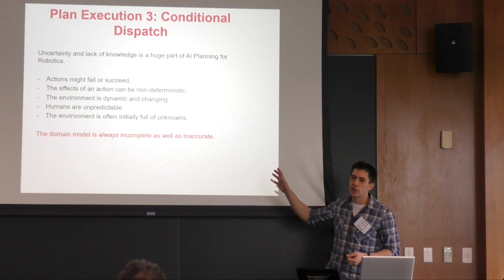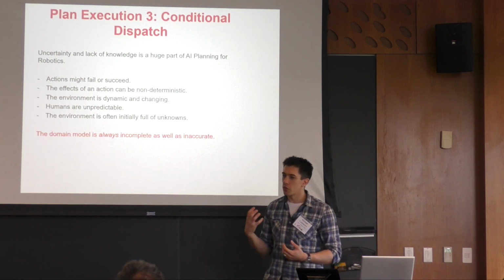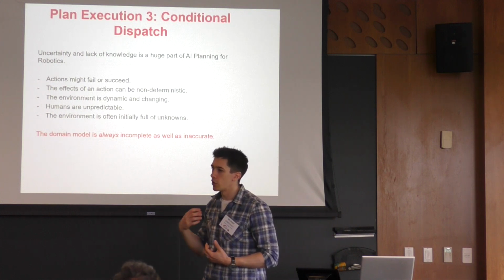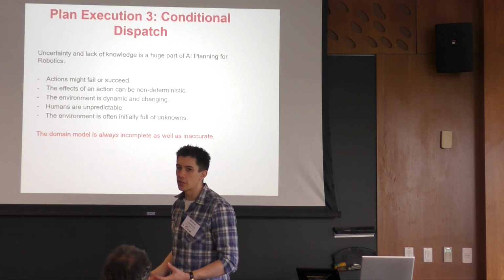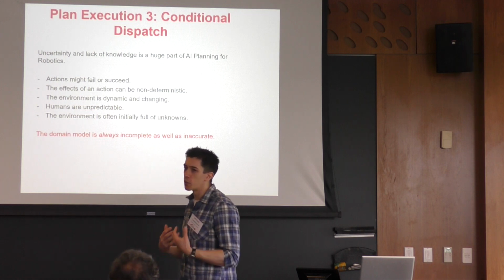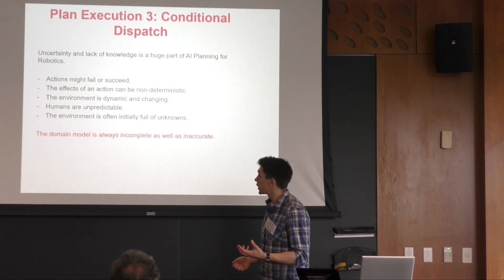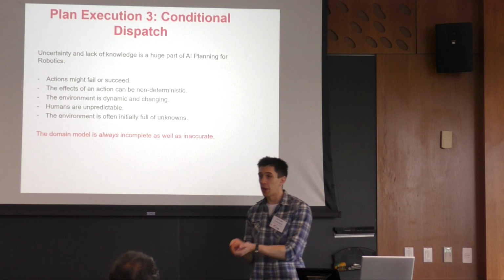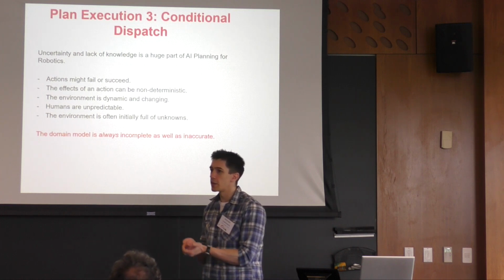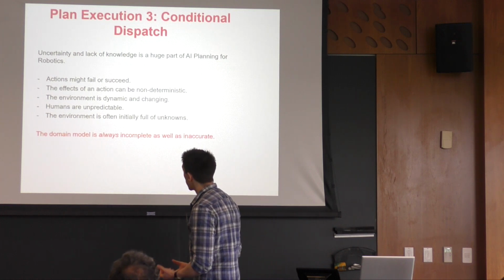You also have partially known environments, which is very common in robotics, where a robot will enter a room and doesn't know in advance if there are people in the room, how many, where they are, where the obstacles are. In this case, we still want to be able to plan, but it's very difficult to plan when the model is not completely known.